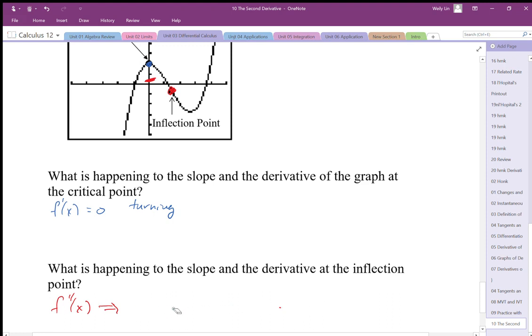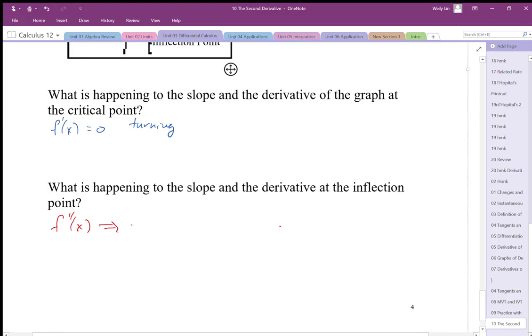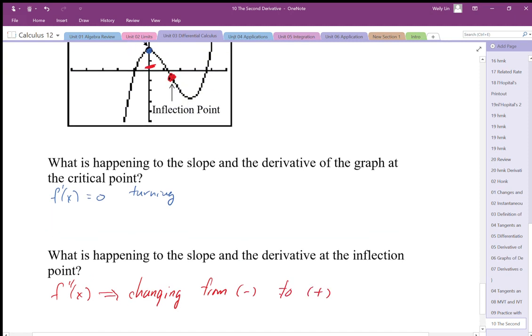Let me just write that a little bit nicer. Changing from negative to positive. So we can see that the curvature is going from what we call concave down to concave up. We're going to investigate this more as we go along, but generally that's something we're going to relate the second derivative to. The second derivative relates to curvature.